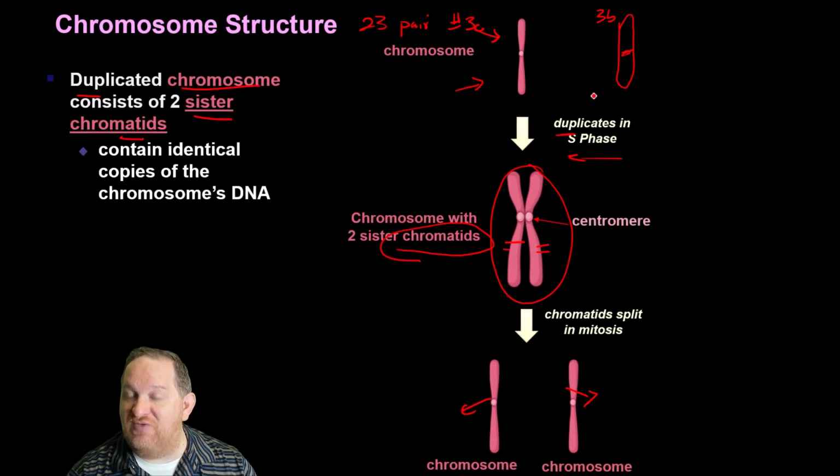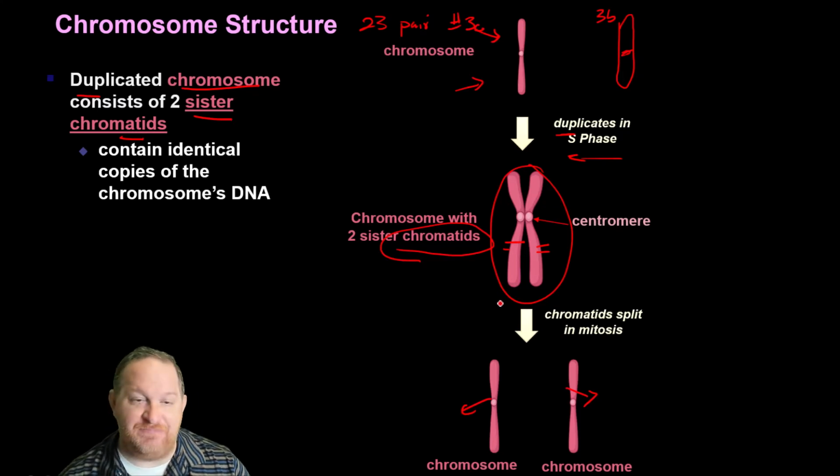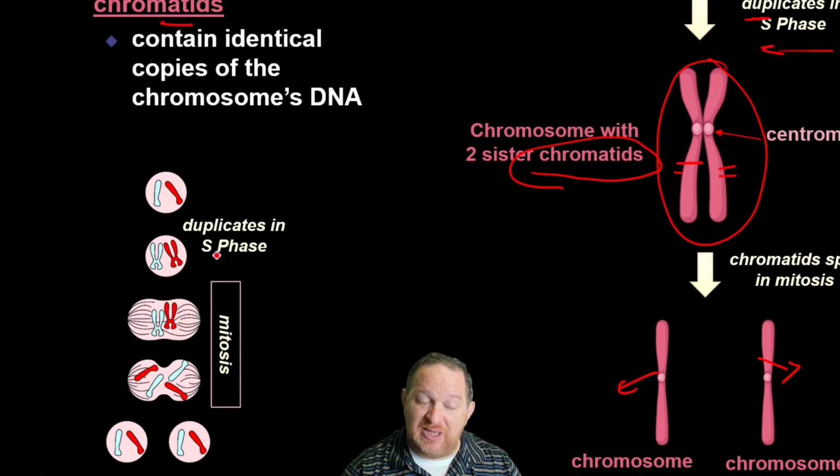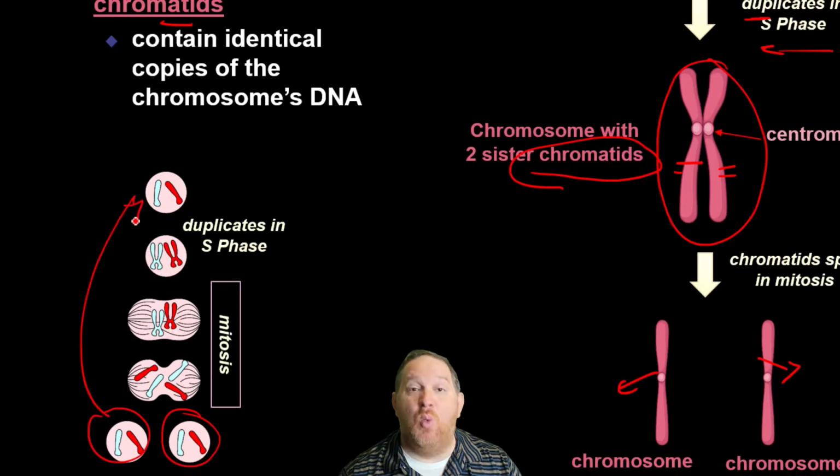So each of these has to duplicate in S phase. Just to give you a heads up of what's going to come up, these chromosomes are going to duplicate, they'll undergo mitosis, and then we'll end up with 2 cells from the 1.